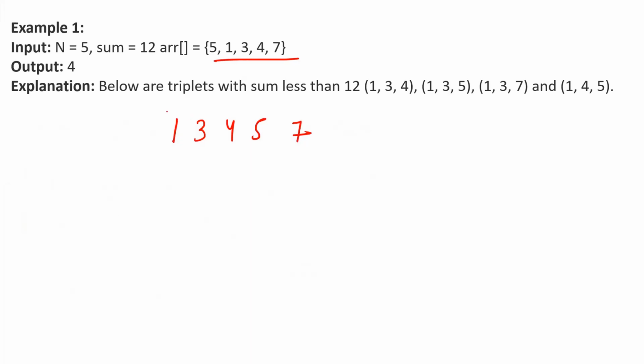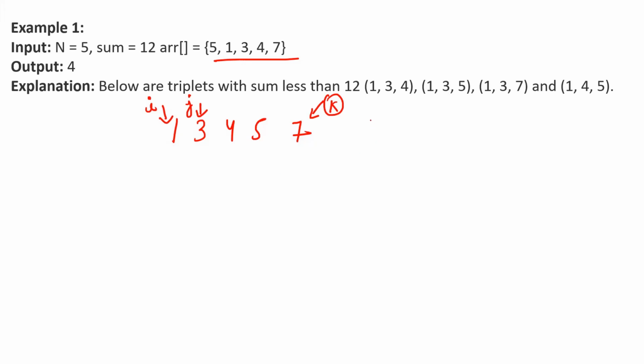Now, let's suppose we have i that is pointing to our initial element, then j pointing to the element one step ahead of i, and here we have k that is pointing to our last element. Now what we are going to do is just think about this.